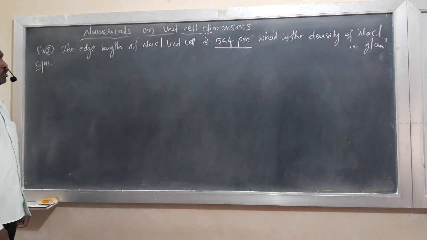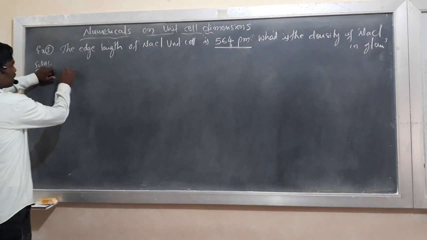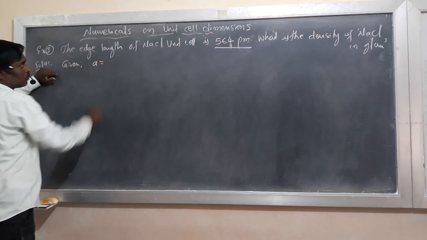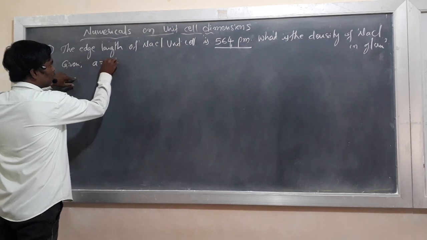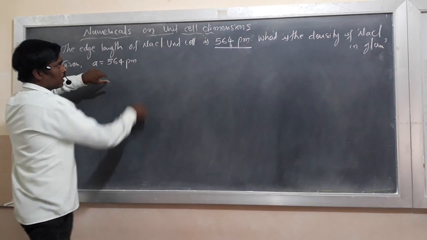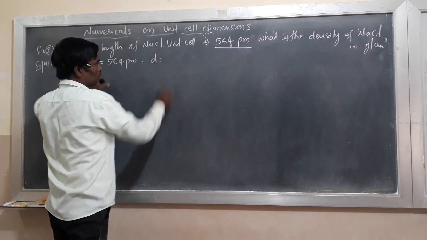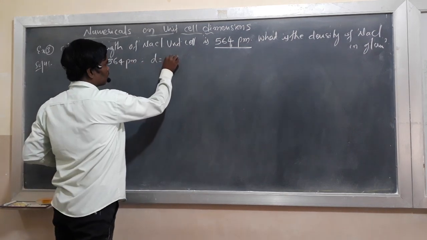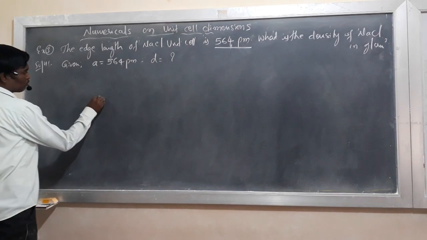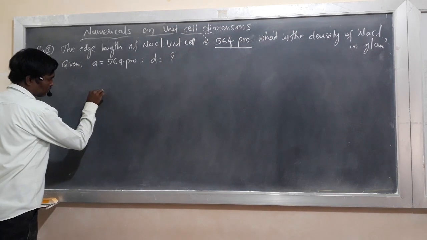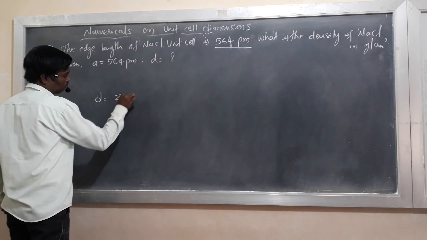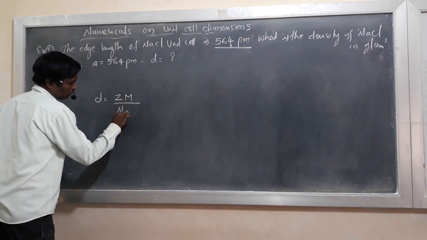Here, only one data is given: the edge length of NaCl is 564 picometers. Then they ask the density of NaCl in gram per cubic centimeter. As we know, the formula is d is equal to z into M divided by Na into a cube.